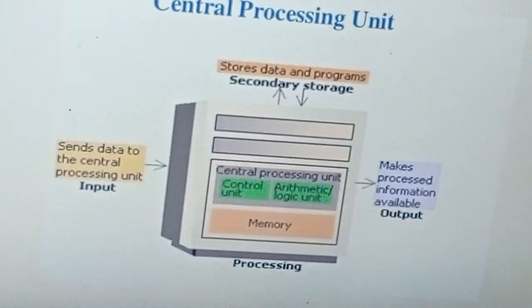These two steps, the first step and the second step, are together called instruction time.